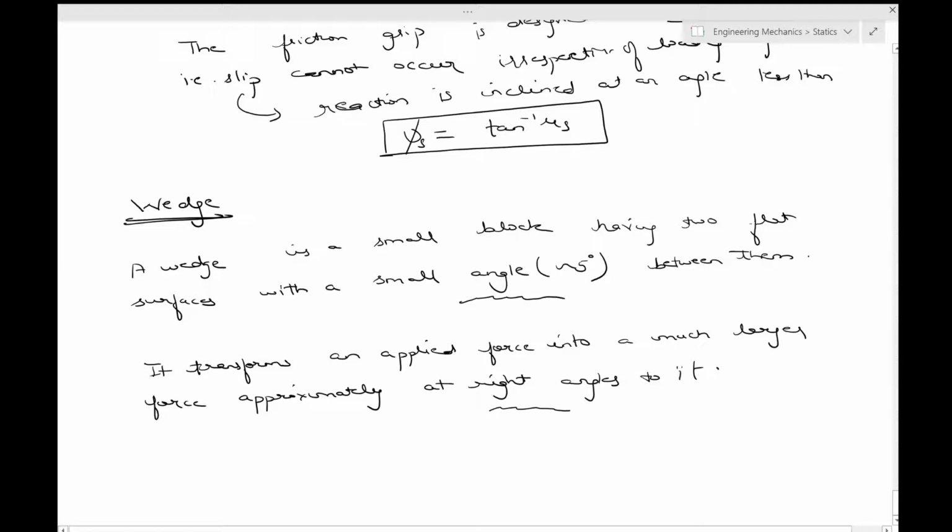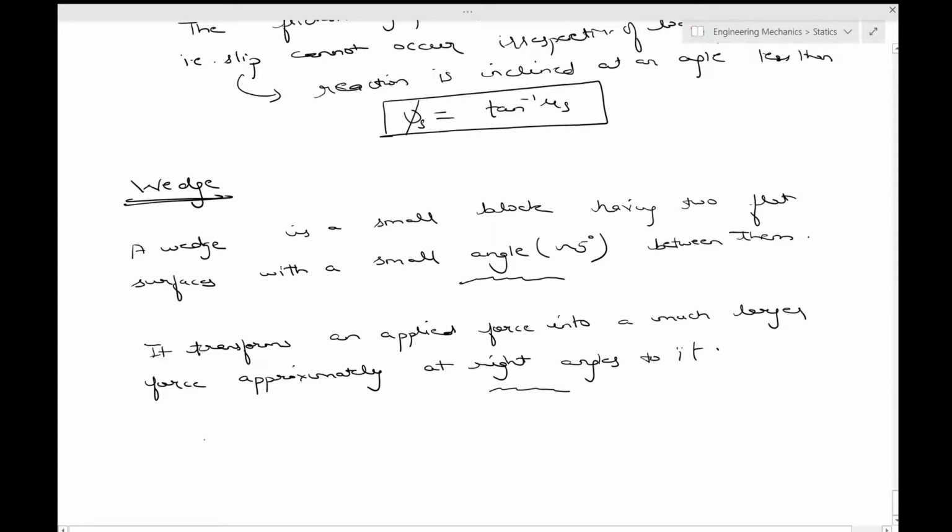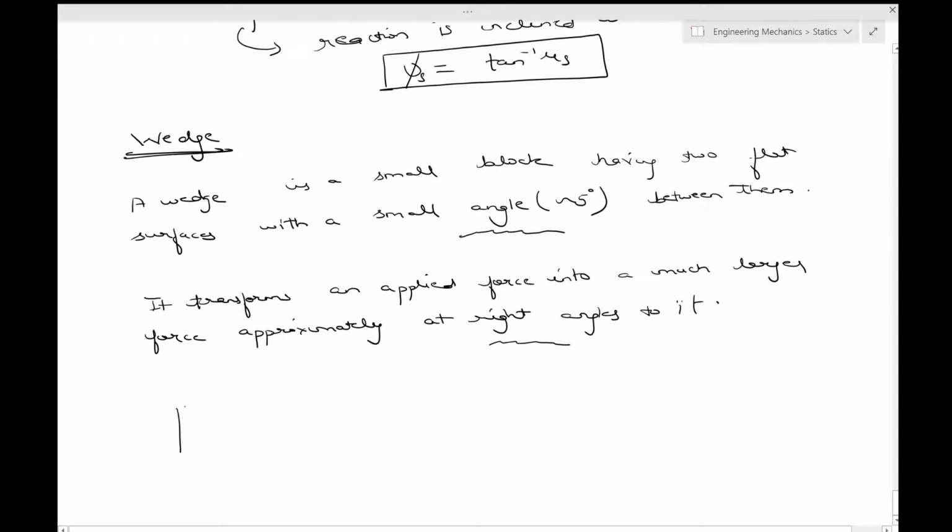So let me just show that first. So you have, sorry, this is alpha. This angle is clearly alpha by 2. This angle is alpha by 2. Okay. So this is a smooth wedge.